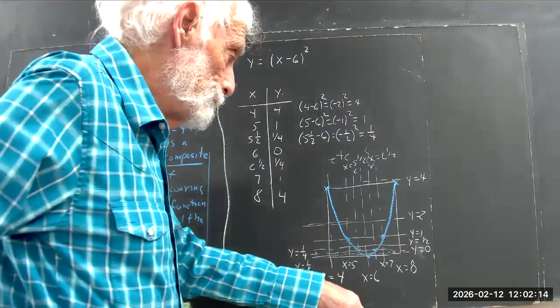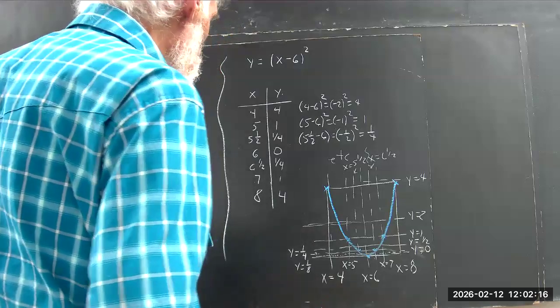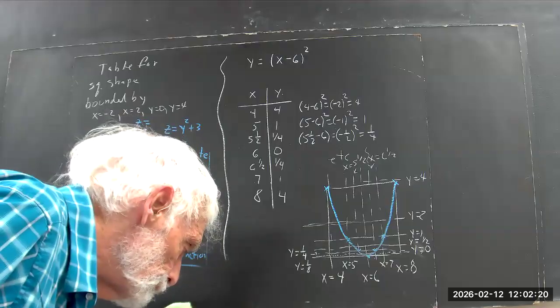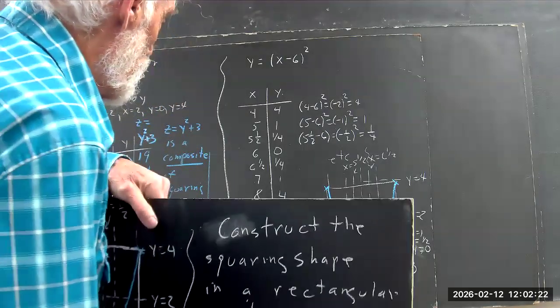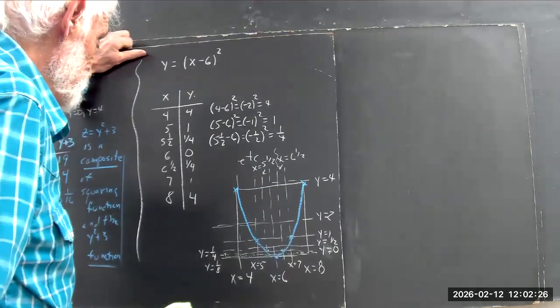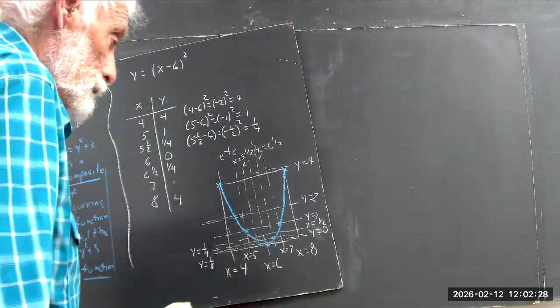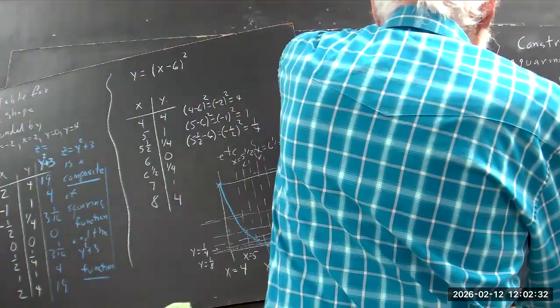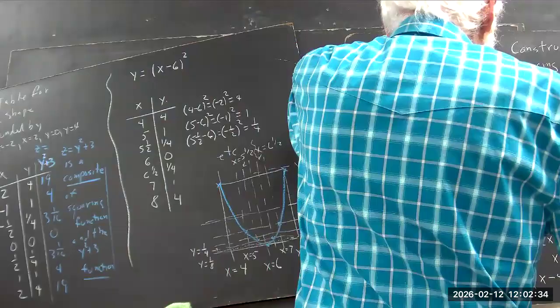Now, how does this relate to the graph that we made here? Well, it's going to be kind of tough to do this, but let's see if I can get these two graphs up here in a way you can see them both.